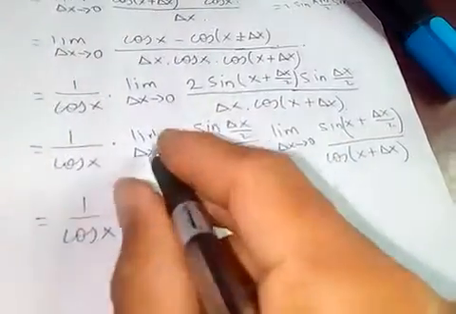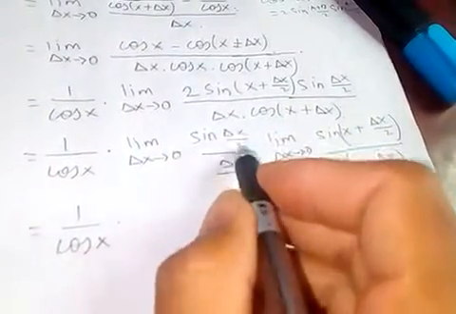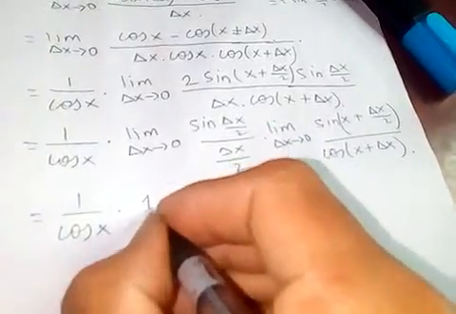We know this one, the limit as delta x tends to 0 of sine of delta x over 2 divided by delta x over 2, is just 1.